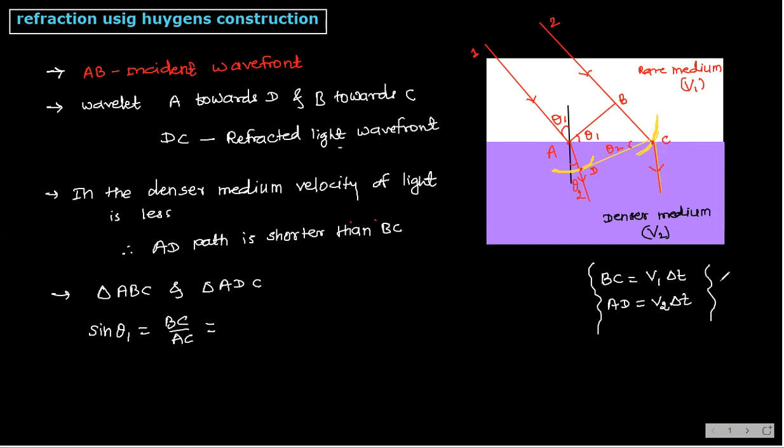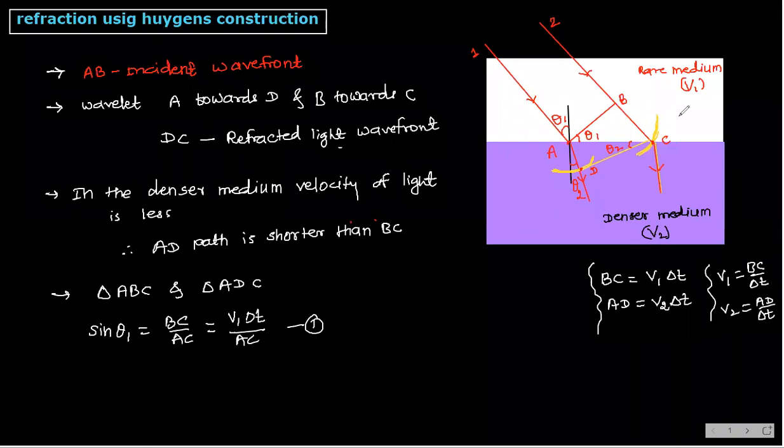Understand? Because you know velocity V1 is equal to BC by delta t, and V2 is equal to AD by delta t. So therefore, at the place of BC, can I substitute V1 into delta t divided by AC? Call this equation number 1. Understanding? Yes or no?